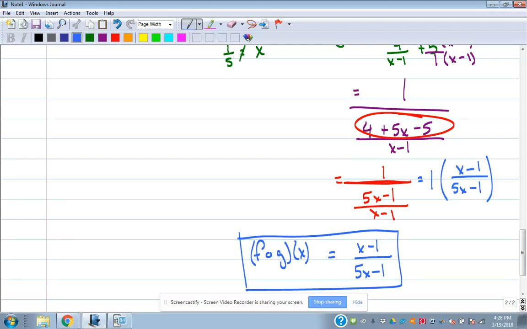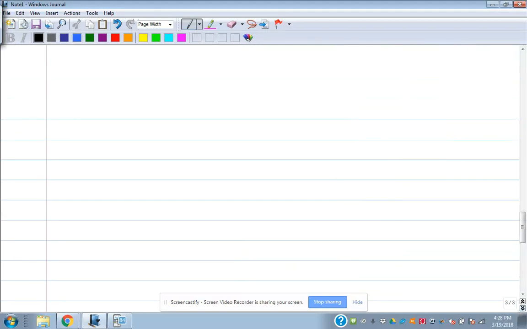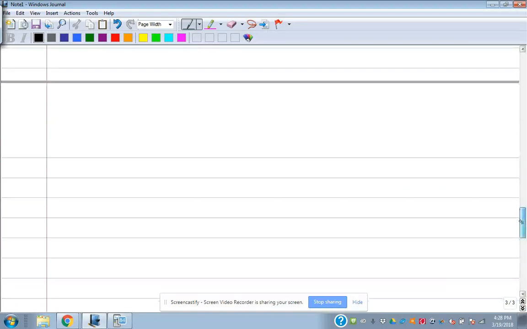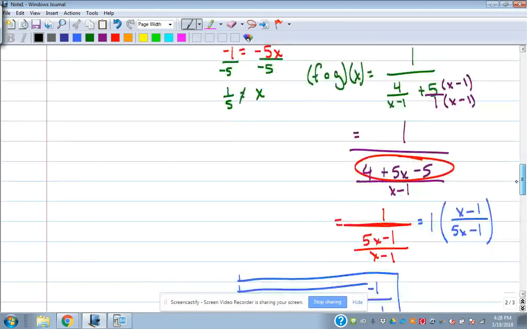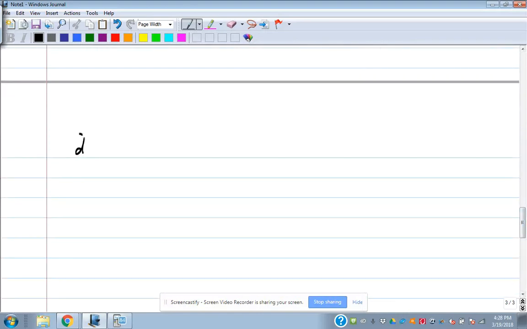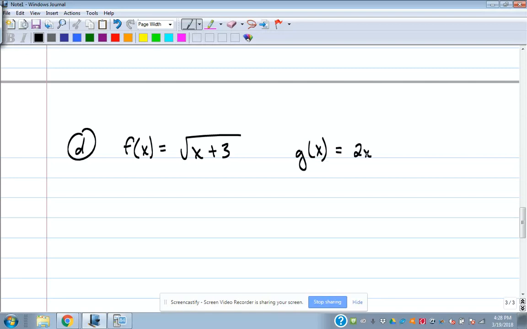All right. Let's do another. What letter are we on here? D? Yeah. Kind of skipped around on some examples I've got here. f of x is the square root of x plus 3. g of x is the nice, simple, linear equation 2x plus 5.